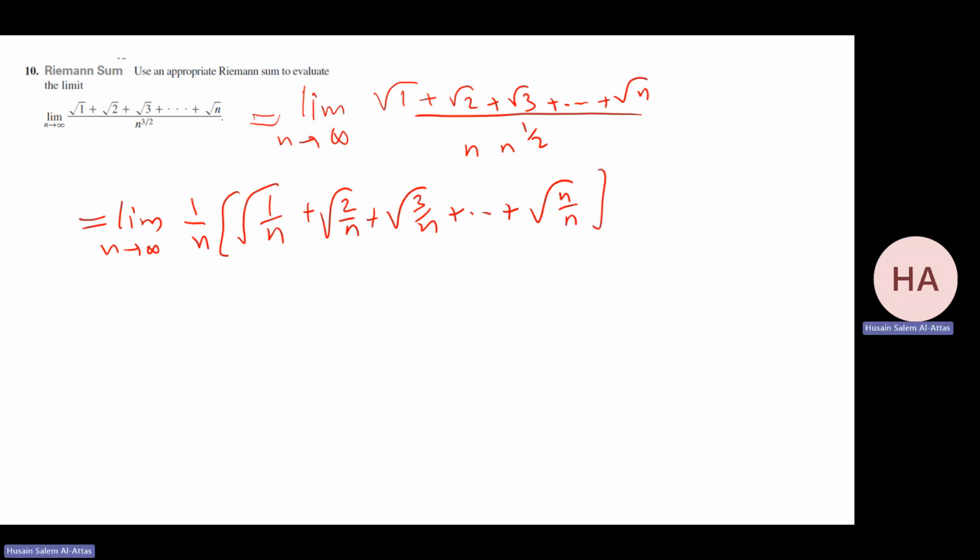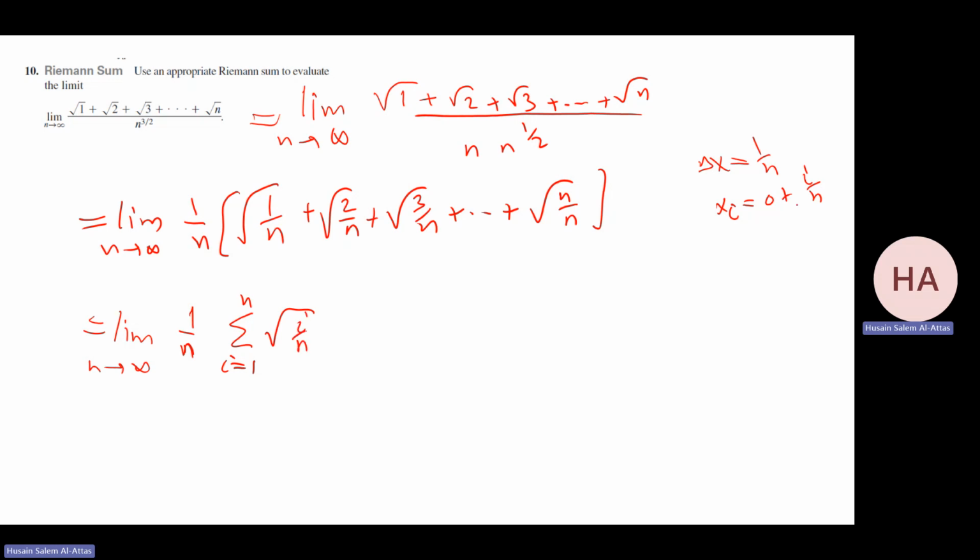Yeah. So now it's very clear. So this one will be limit n goes to infinity. I let delta x be 1 over n, and xi will be 0 plus i over n, because this is 1 over n summation, i equals 1 to n, square root i over n.